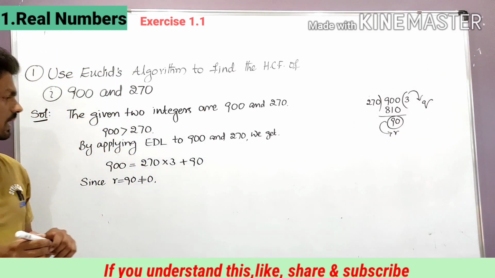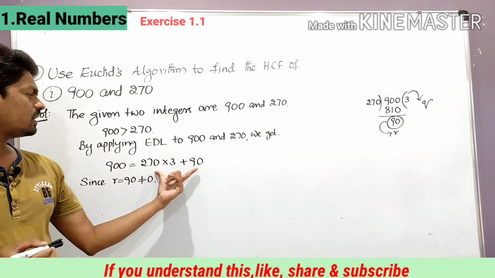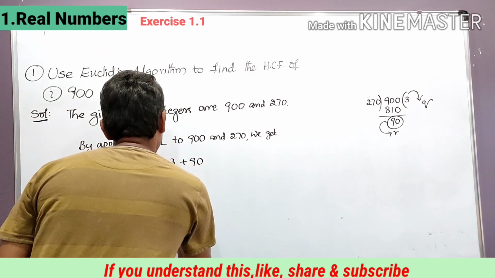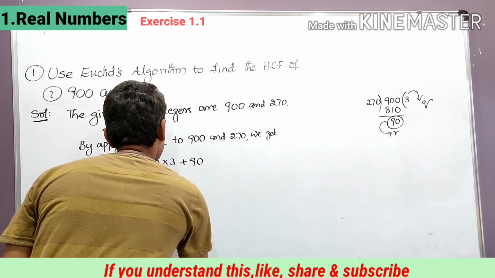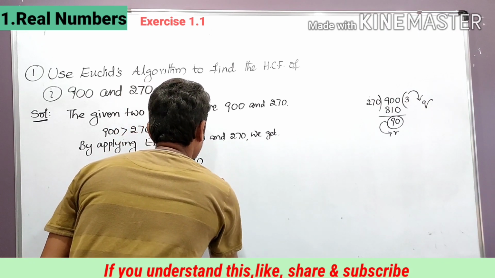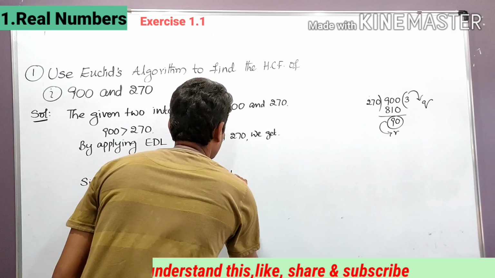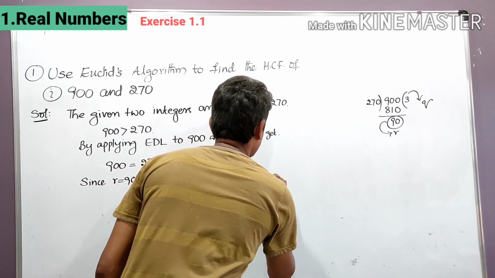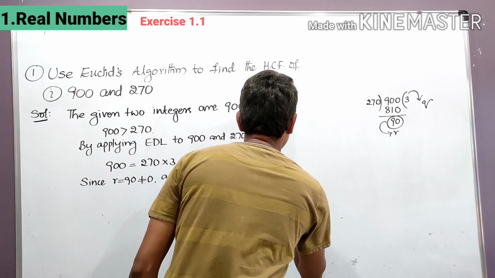So again we have to apply the Euclid division lemma to the divisor and the remainder, that is 270 and 90.